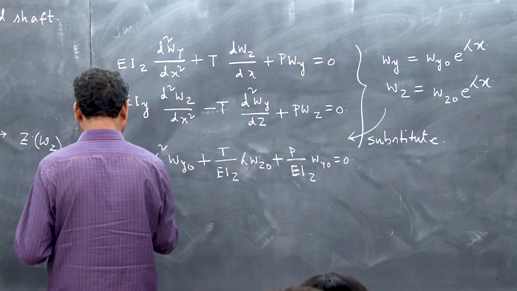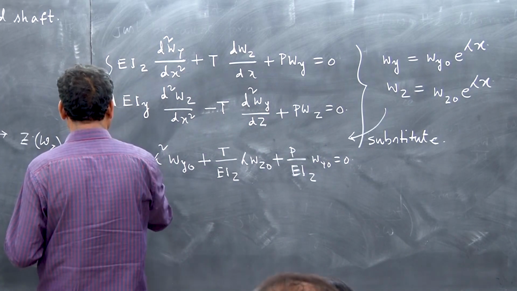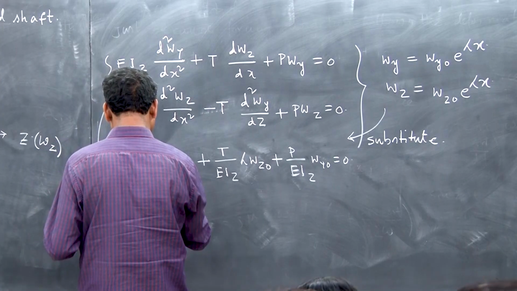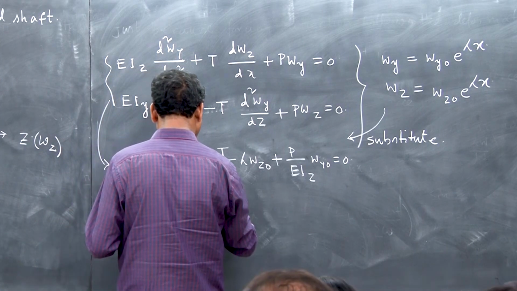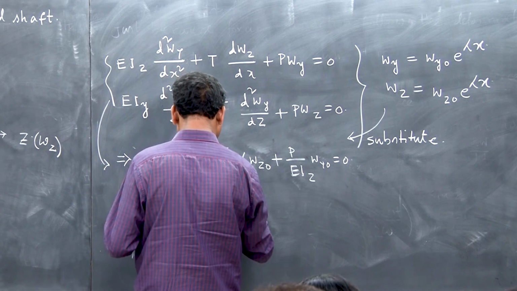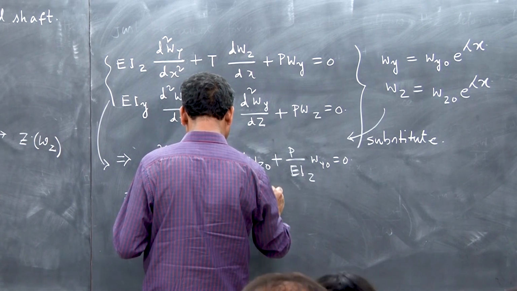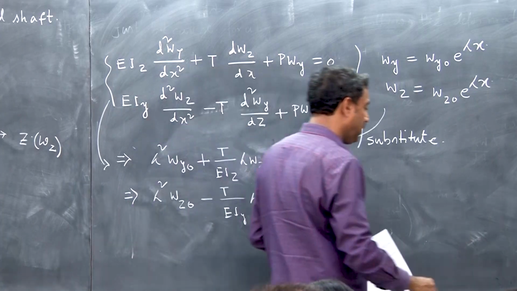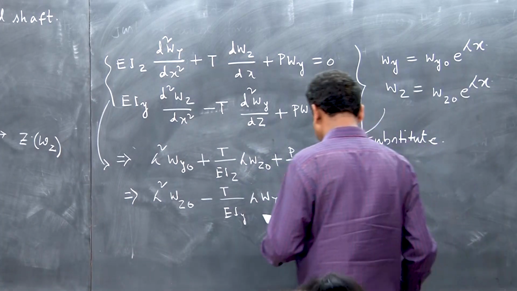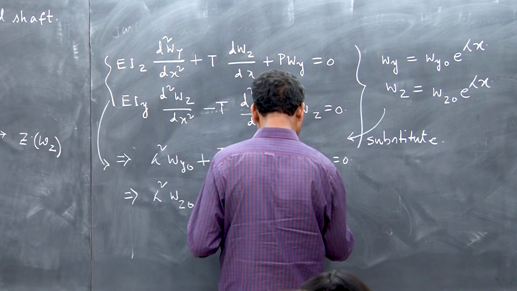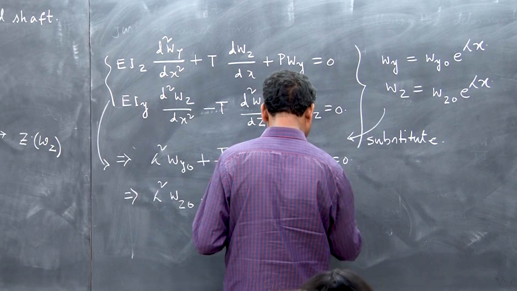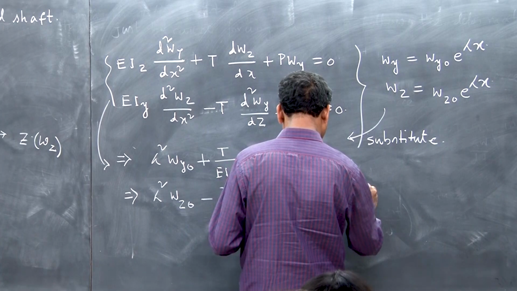In the other case, it will be lambda square Wz0 minus T by EIy lambda Wy0 plus P by EIy Wz0 is equal to 0.